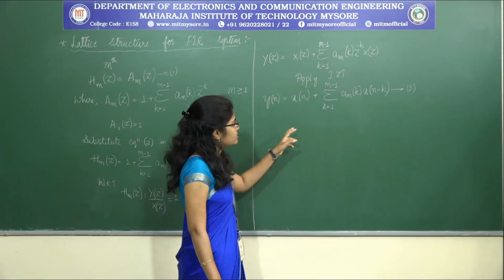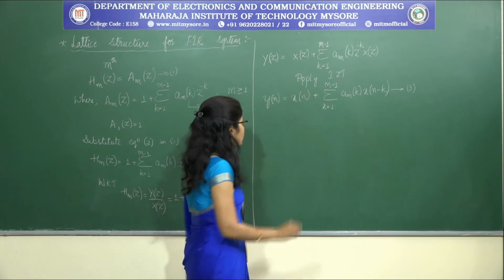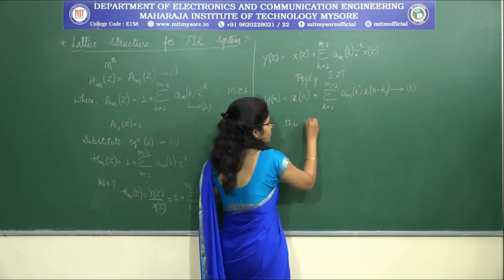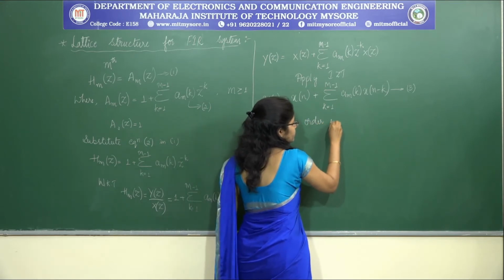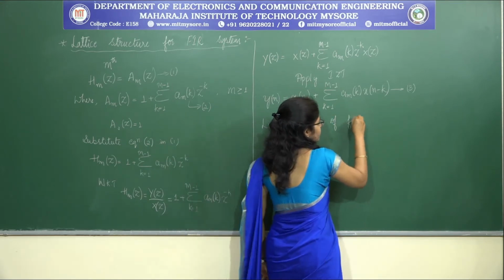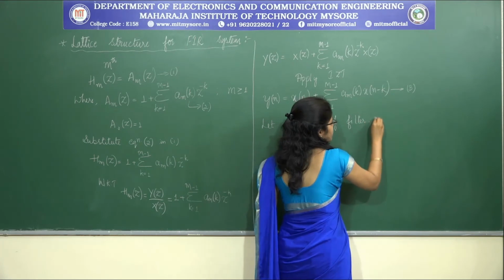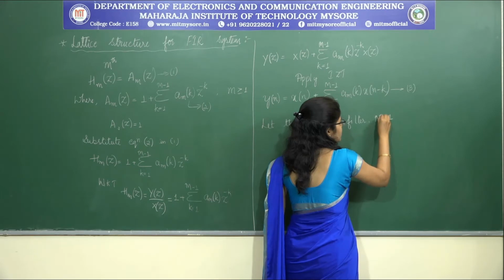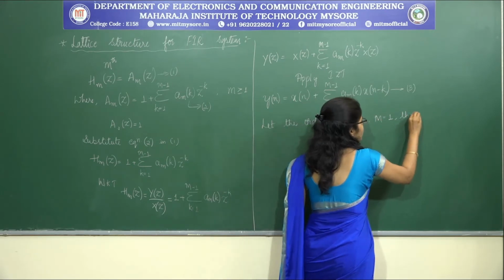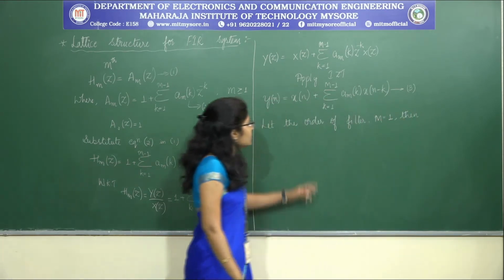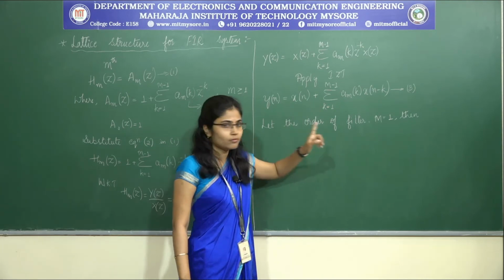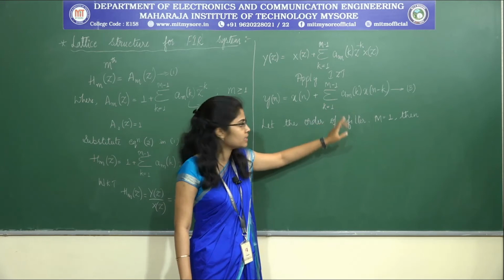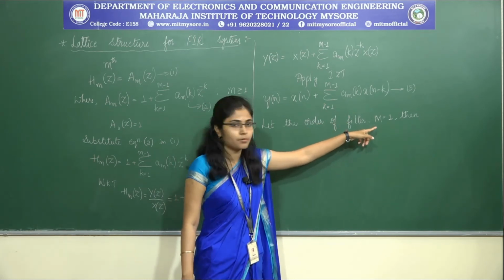If the order of filter is 1, that is m is equal to 1, then what happens to equation 3? Then equation 3 will have only one value in the summation part. So there is no need to write the summation part. I can directly write m as 1.